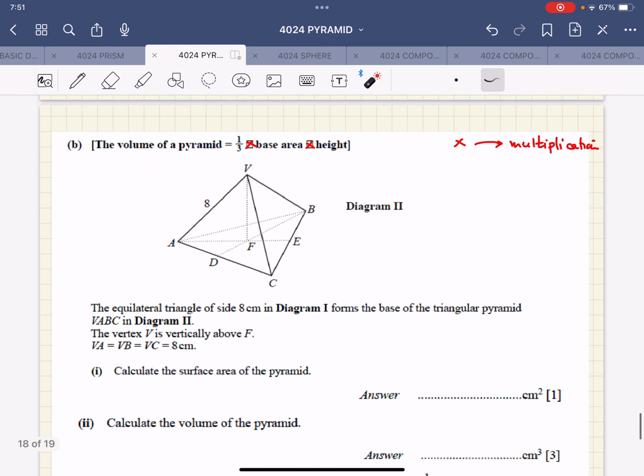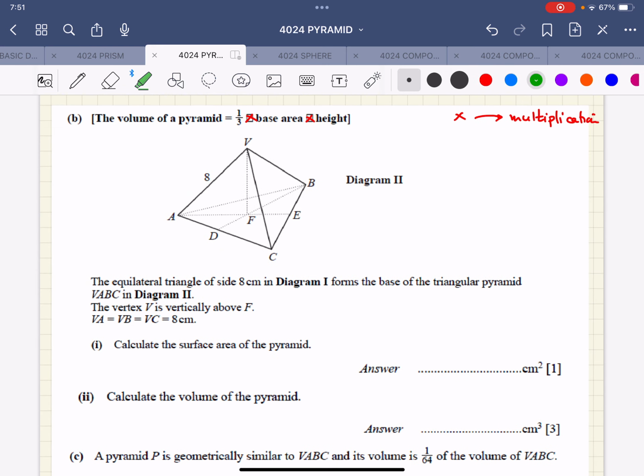So let me first label it. So let me choose a red color. AC is 8, BC is 8, AB is 8. That is the original triangle. And then we have this side as 8 over here. Now, if this is 8, naturally, this will also become 8.